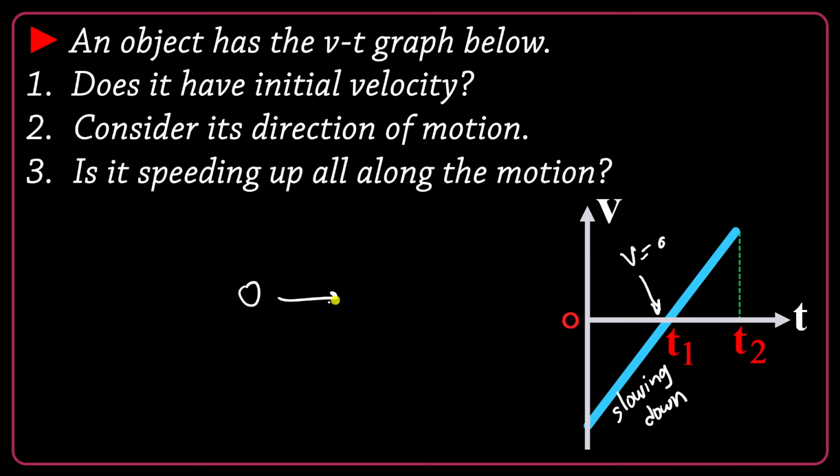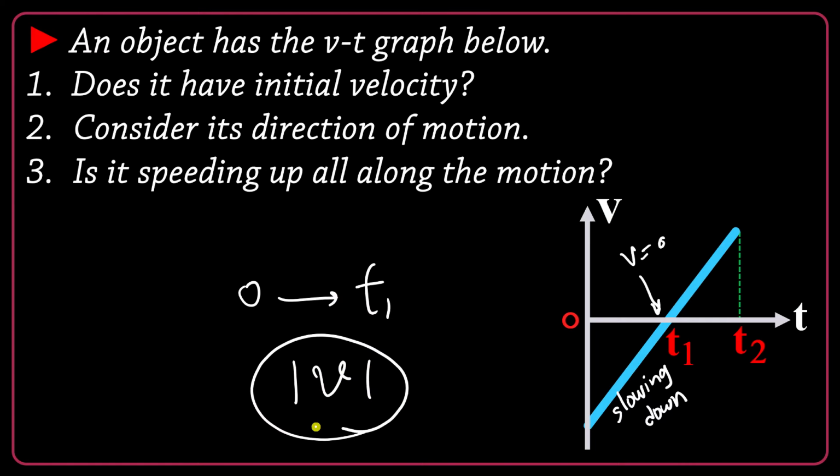So from 0 to t1, the magnitude of the velocity is decreasing. The speed is decreasing. And then after t1, it is speeding up. The reason, again, is evident because the speed is increasing. So when the VT graph is approaching the t-axis, it's slowing down. When it is escaping from the t-axis, it's speeding up.